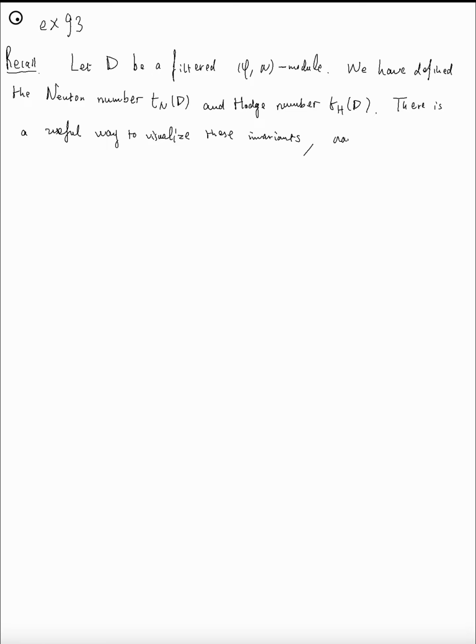So, namely, the Newton polygon is denoted by Pn, and the Hodge polygon is denoted by Ph.